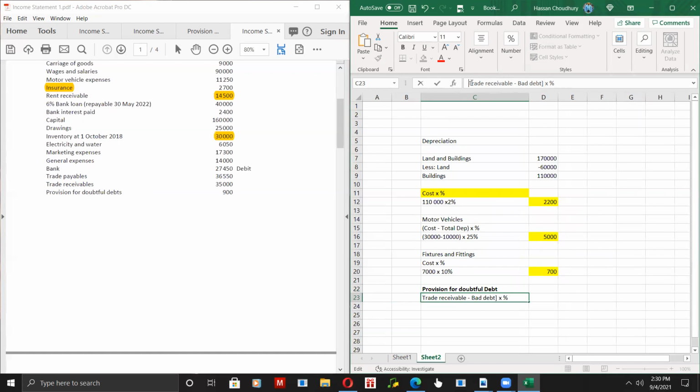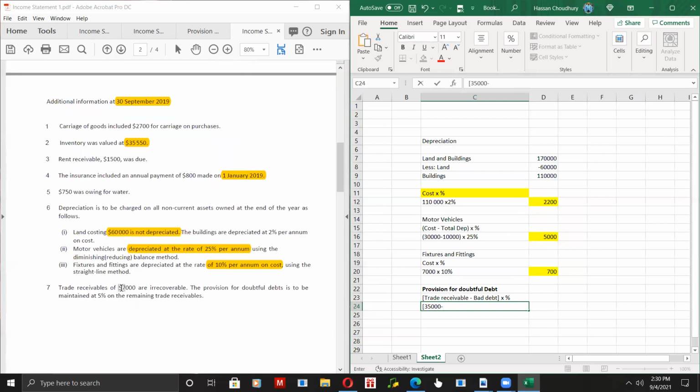Your trade receivable in this case is 35,000 minus your bad debt, which is 7,000. What does bad debt mean? When customers cannot pay. So close your brackets into your 5%, which is your policy. 35,000 minus 7,000 into 5% is 1,400, right?